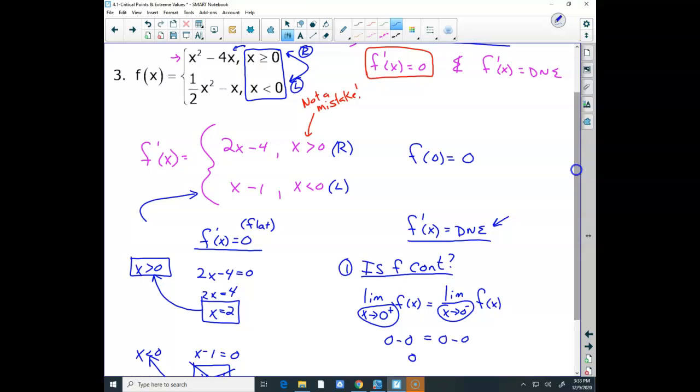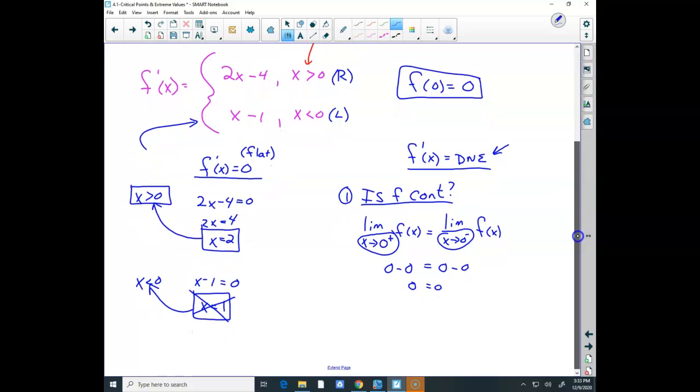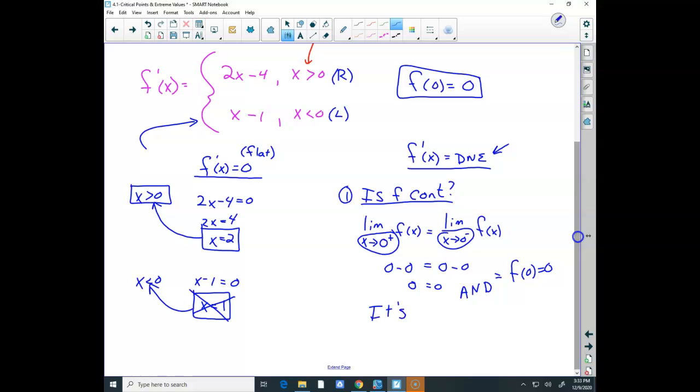So I get 0 equals 0. Because the limit exists and equals f of 0, that means it is continuous.